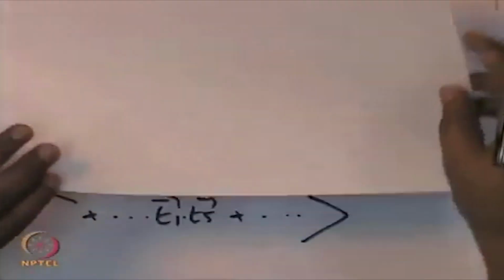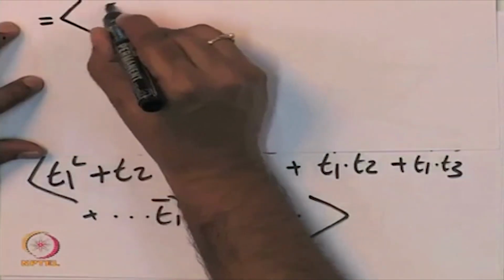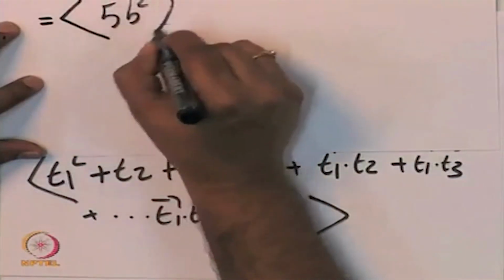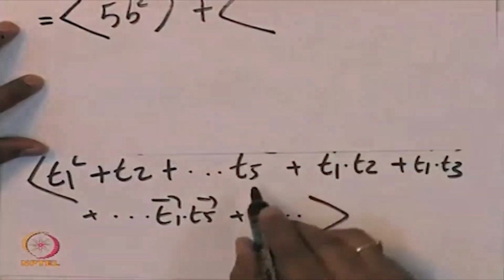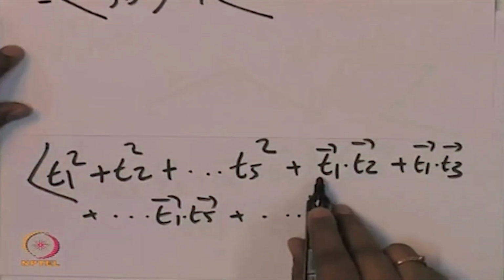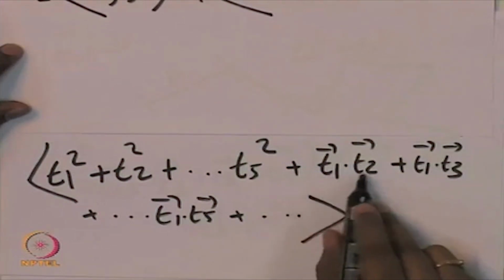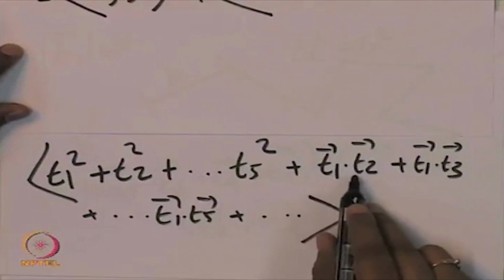So, the answer is the average: there is 5 b square plus there is T1 dot T2. You know that A dot B is mod A mod B cos theta.